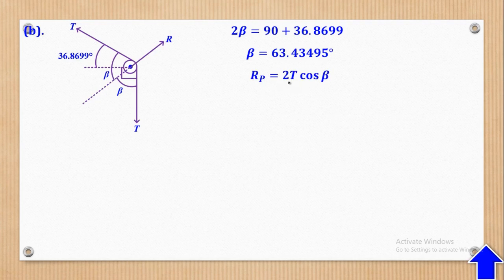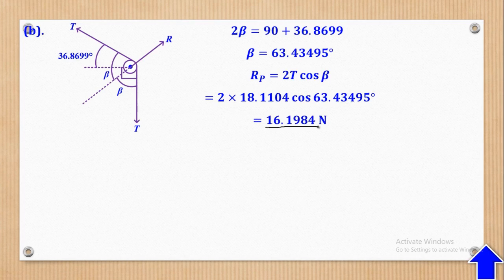Now the good thing, I know T in the previous part and I also know beta, so I substitute to come up with RP being equal to 2 times T, which is 18.1104, cos beta, which is 63.43495 degrees. So next is to use the calculator to come up with RP being equal to 16.1984 newtons.